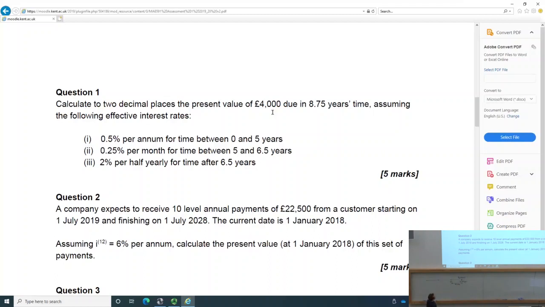And then between 5 and 6.5, we've got an interest rate of 0.25% per month effective. And then between 0 and 5, we've got 0.5% per annum.